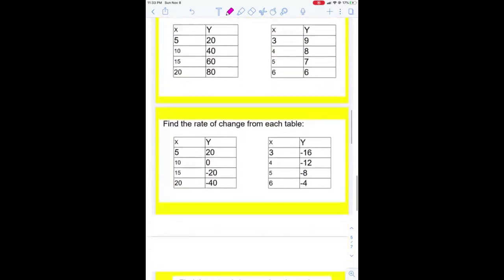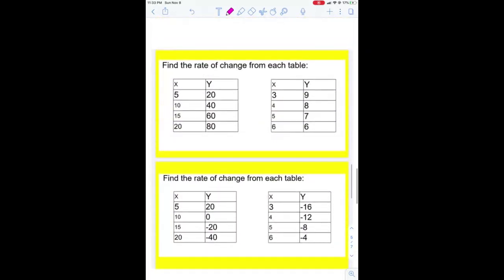So now we're going to practice finding the rate of change in tables some more. So in this first one, I'm going to look for my change in X each time. And I see that I'm skip counting by 5s, or that I'm adding 5 each time. So I know my change in X is 5.